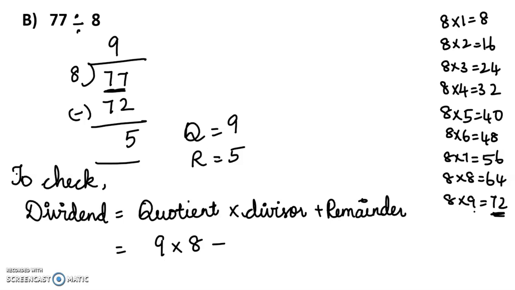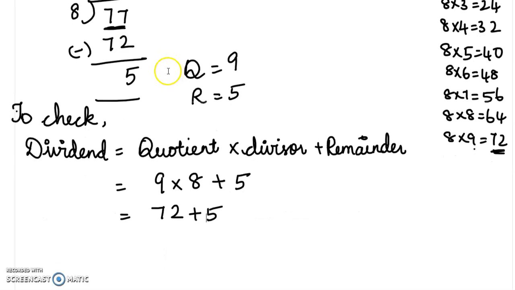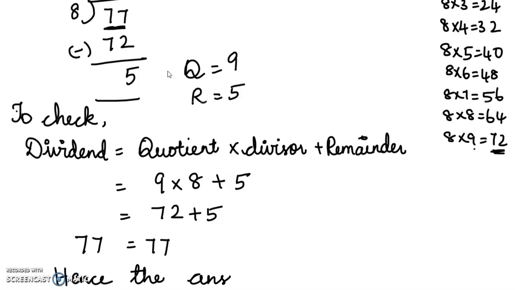Divisor is 8 plus remainder is 5. So 9 eights are 72 plus 5. So 72 plus 5, 77. So dividend equal to 77. Therefore, hence the answer is correct.